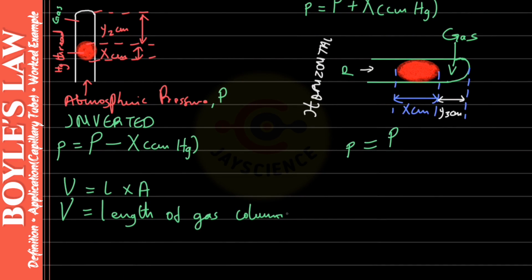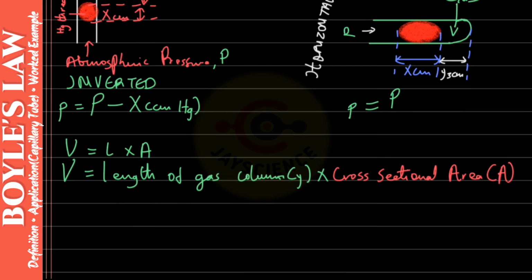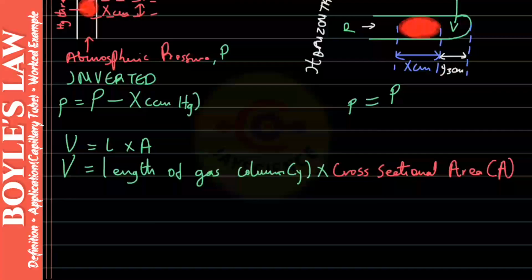So that will be y multiplied by the cross-sectional area, that's A. Now remember that these three diagrams have uniform cross-sectional area. So let's go ahead and describe the volume of the first case scenario when it is vertical.